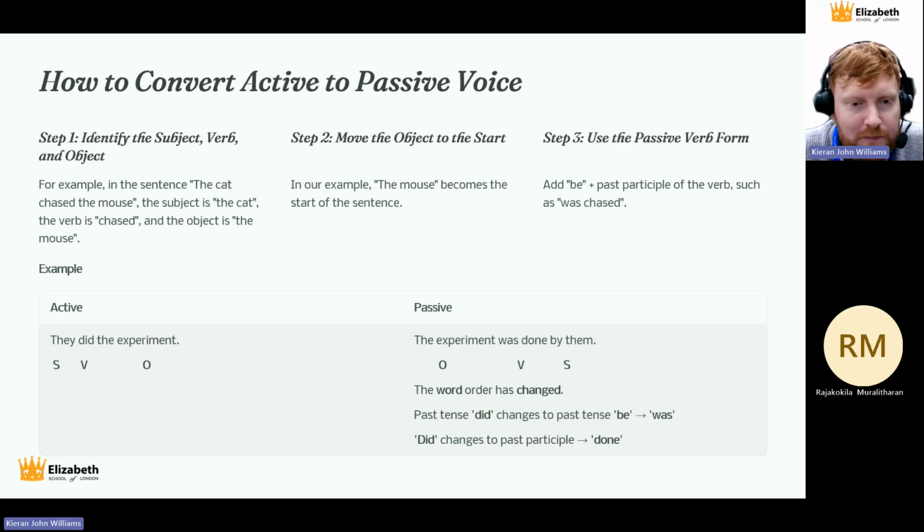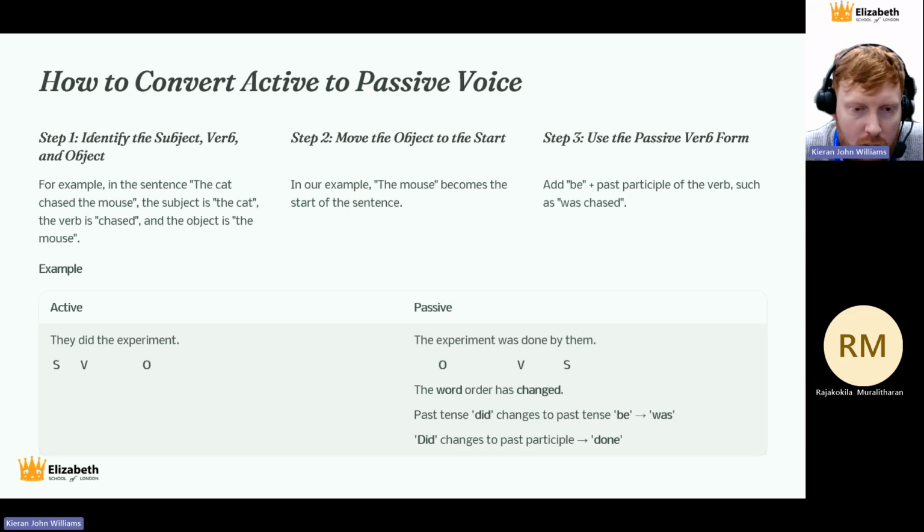After that, you find the verb in the original sentence. So here it is chase, and you need to put chase into the past participle, which is the third form. So we have the verb chase.